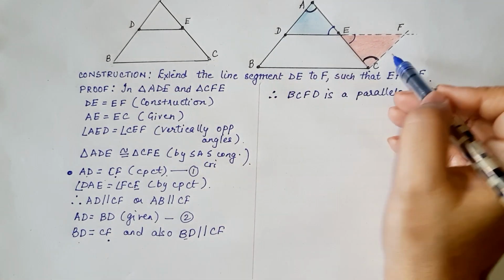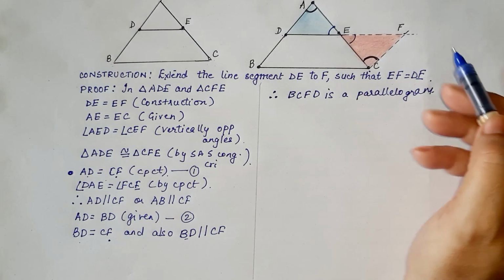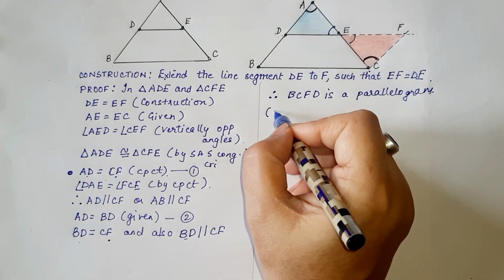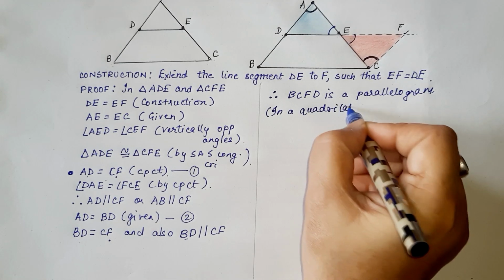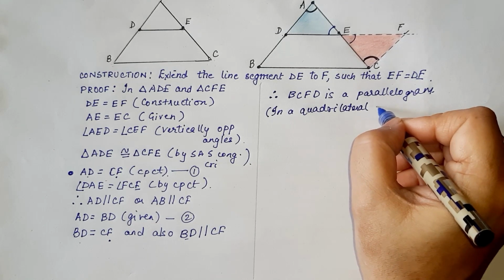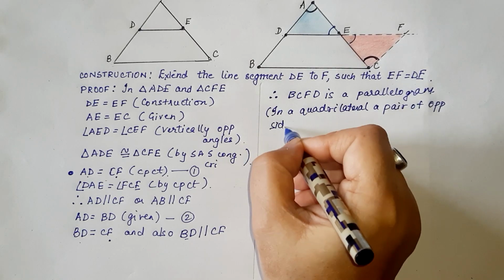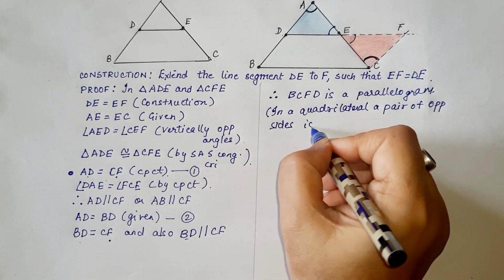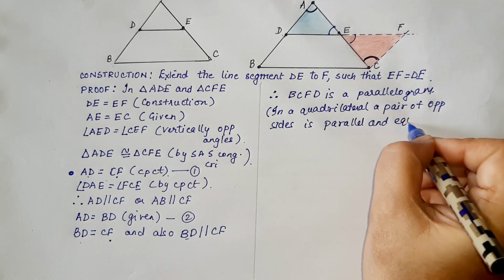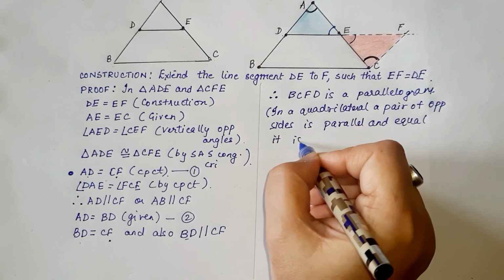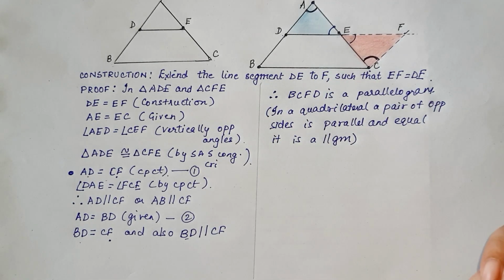Because BD is parallel to CF, BD is equal to CF, and we know that if in a quadrilateral a pair of opposite sides is parallel and equal, it is a parallelogram. So therefore BCFD is a parallelogram.